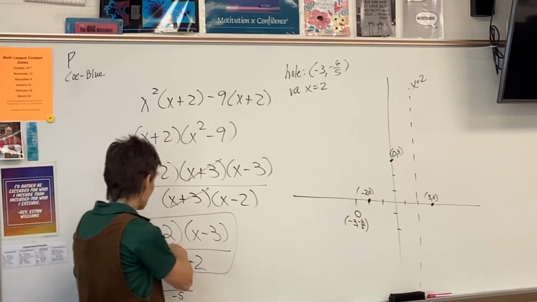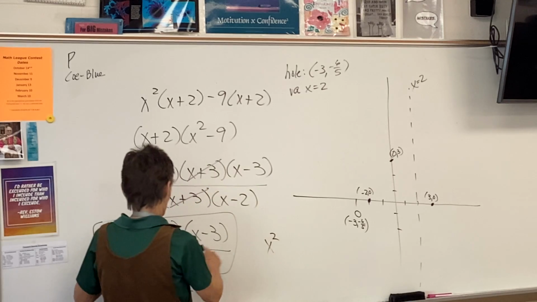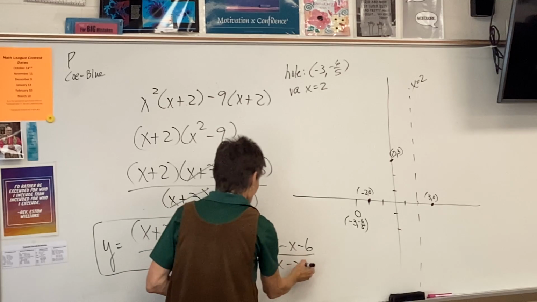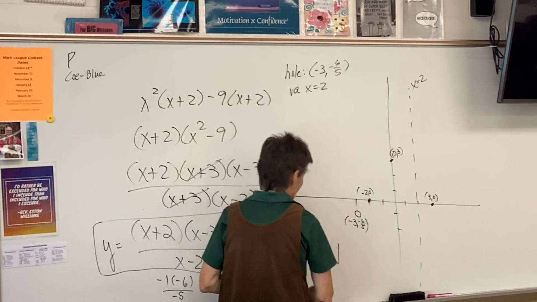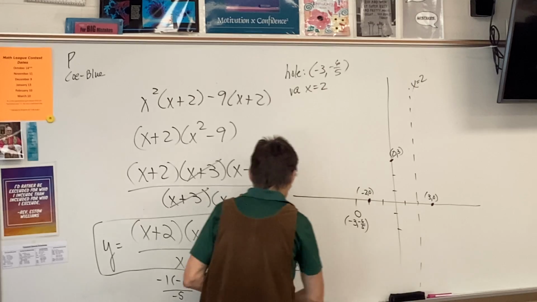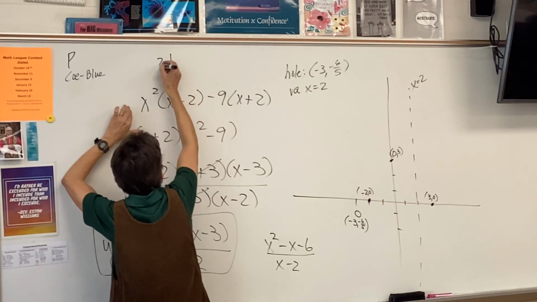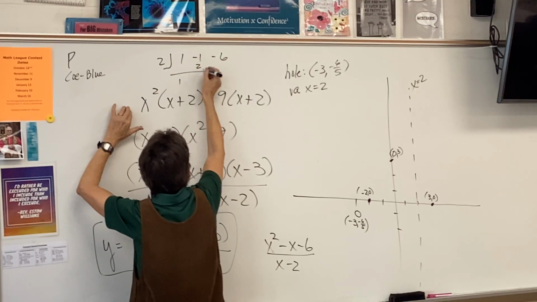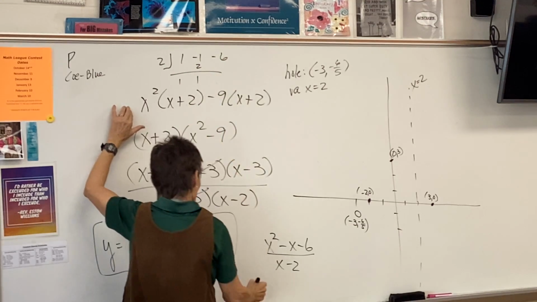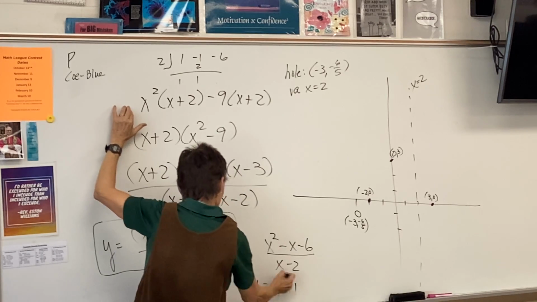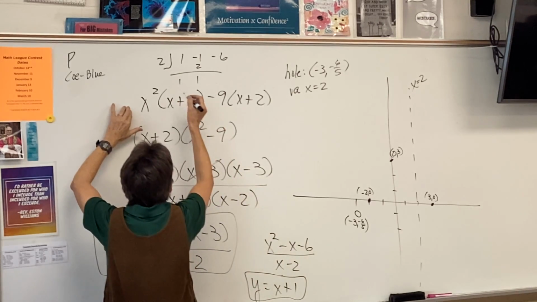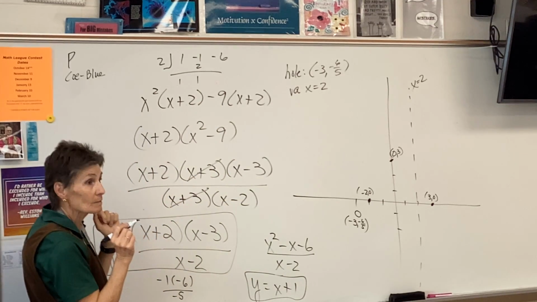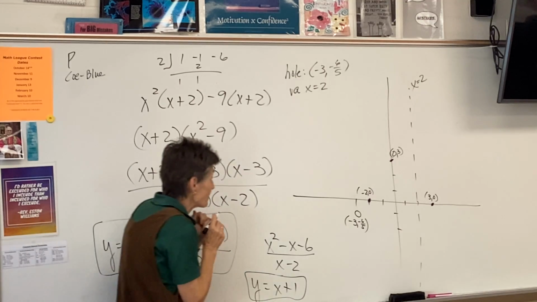So I'm gonna take x squared minus x minus 6 and divide that by x minus 2. Did you get y equals x plus 1? Is that what you got? So I'm going to graph that.